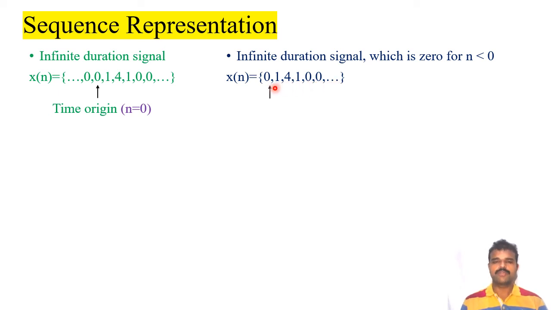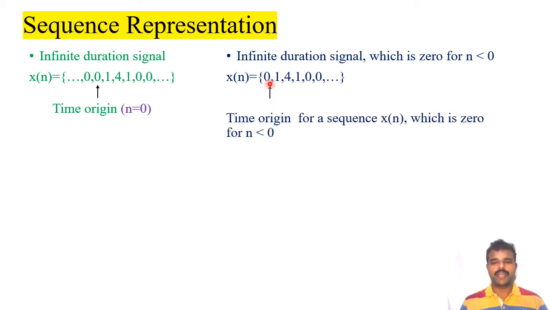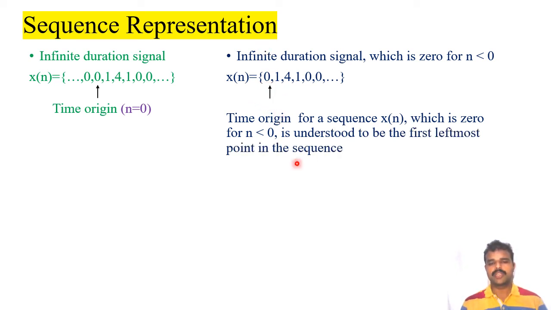Usually the leftmost point will be the time origin, but it is not compulsory to have an arrow mark. If there is no arrow mark, it is implied that the first or leftmost point in the sequence is the time origin. That is how we usually consider it. Alright, so this is all about infinite duration signals when we represent such signals as a sequence.